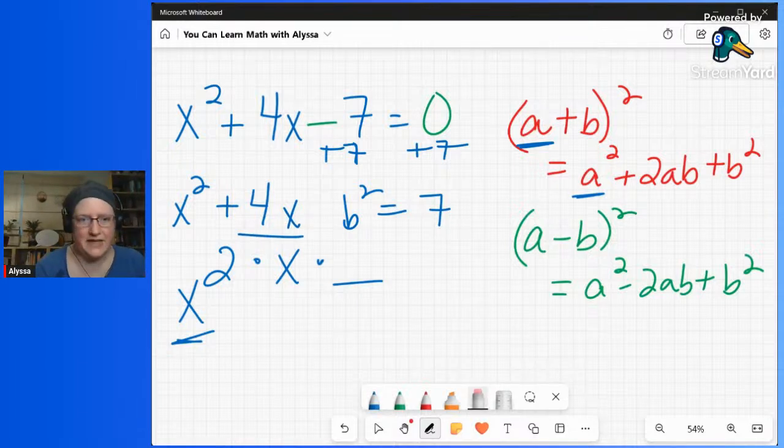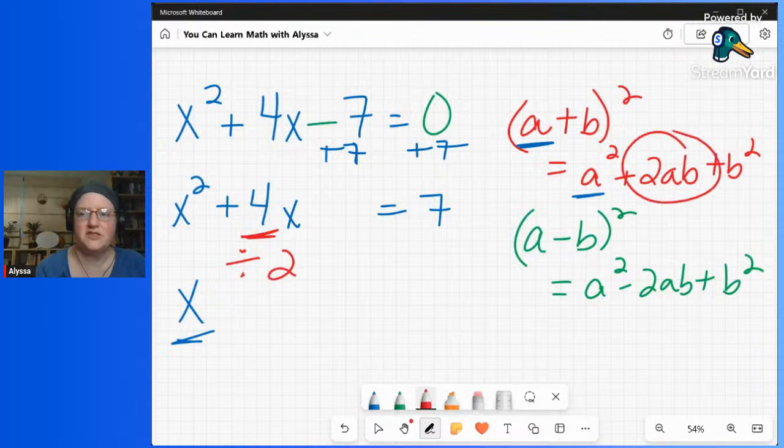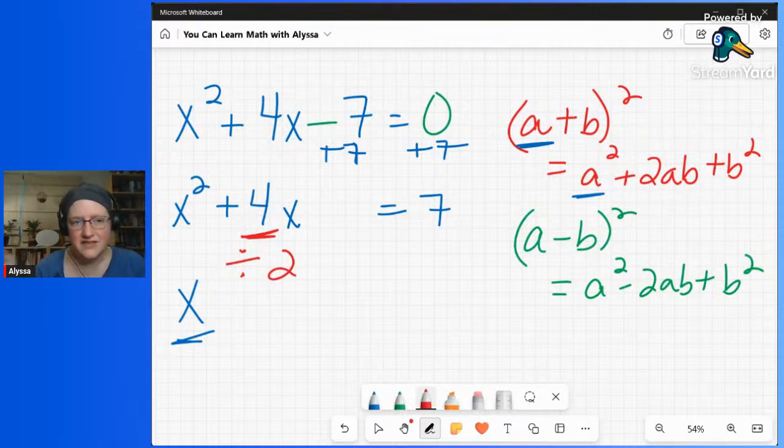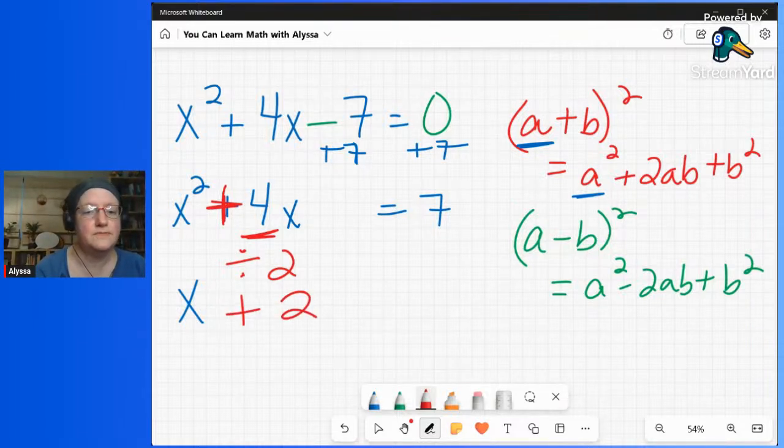The practical thing is we take this 4 and divide it by 2, because of this 2ab. Divide it by 2, and that gives us our b every time. So 4 divided by 2 is a positive 2.